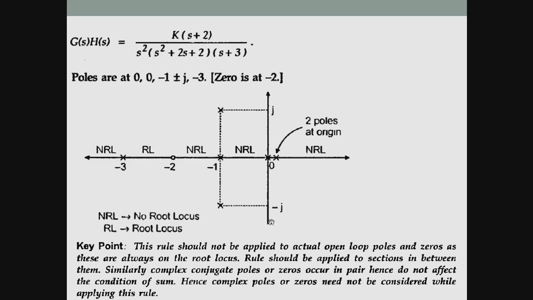Further on this side, how many are there here? 1, 2, 3, 4, 5, so the total sum of poles and zeros is equal to 5. So it will be an odd value, hence I can say there is a root locus existing here.